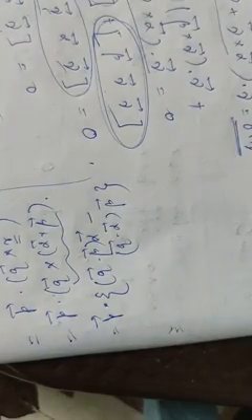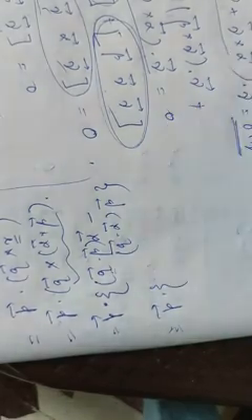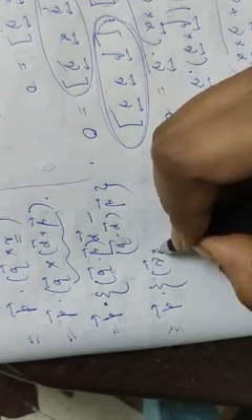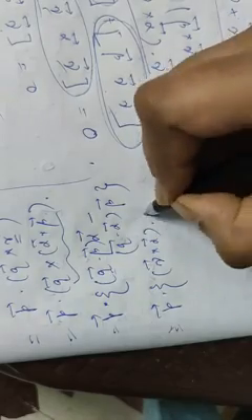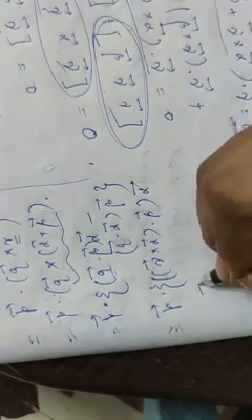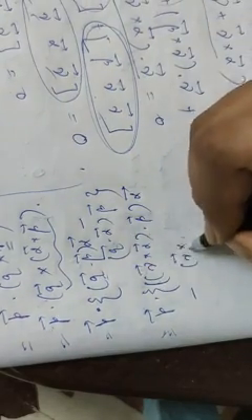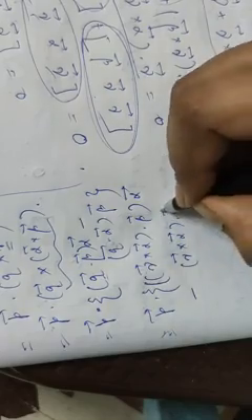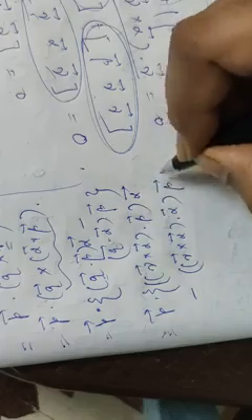Now putting the value of Q. Q is gamma cross alpha. So it will be gamma cross alpha dot beta, right? Whole quantity then alpha, minus gamma cross alpha dot alpha, whole quantity then beta.